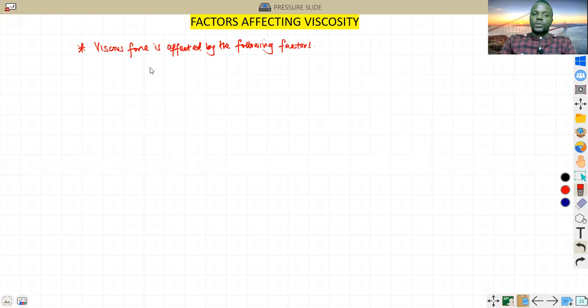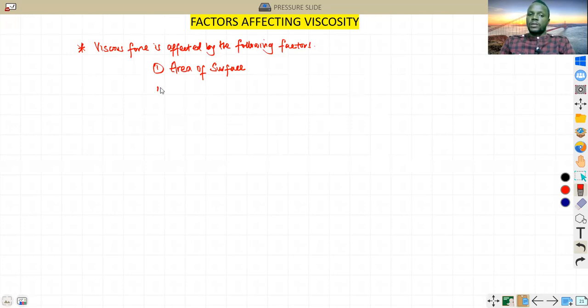The first factor we can put in mind is what I said, it depends on intermolecular forces. That means it also depends on the area. Area of the surface of the fluid, or area of the fluid at which the fluid is flowing.